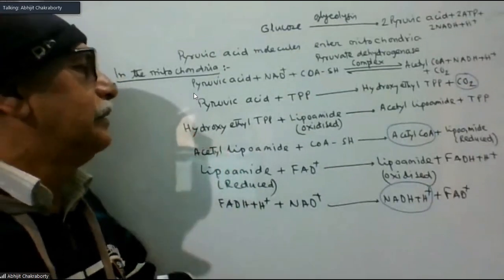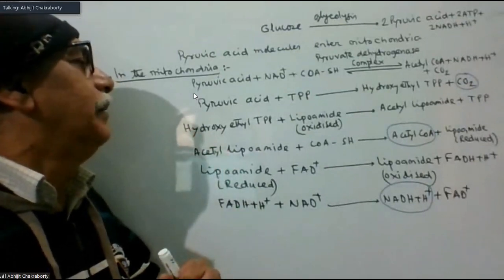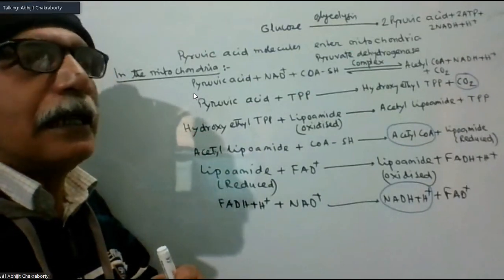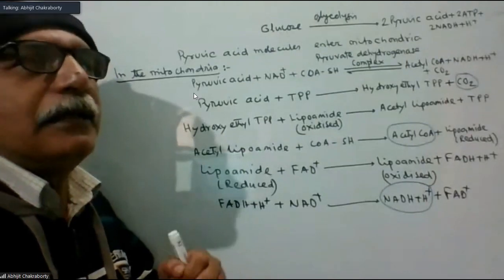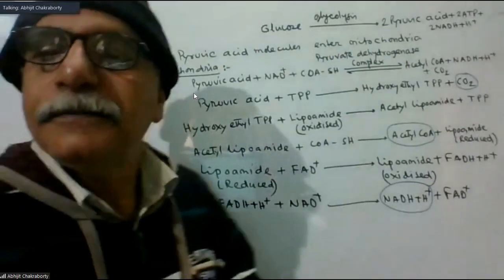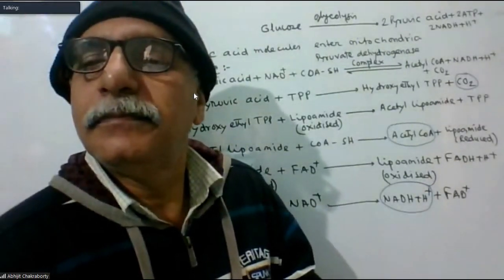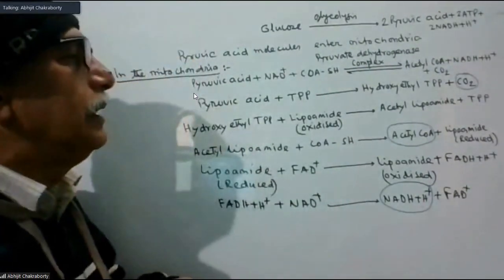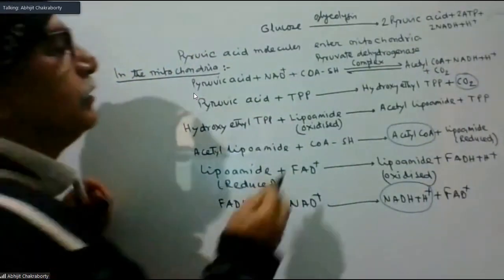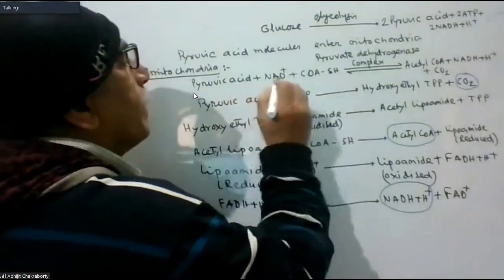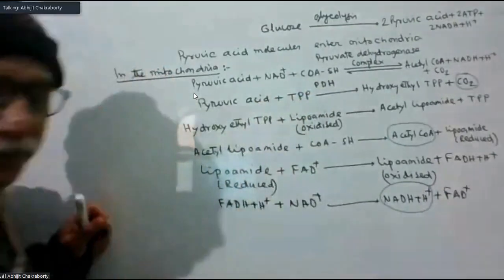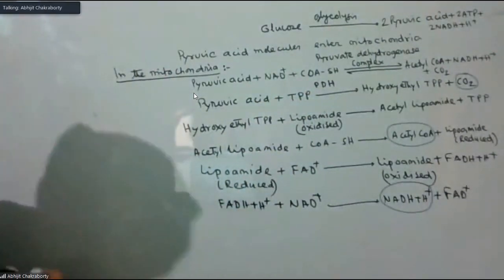In the first reaction, when pyruvic acid is converted to hydroxyethyl TPP, here the pyruvate dehydrogenase acts. The decarboxylase activity of dehydrogenase is found here. PDH means pyruvate dehydrogenase.